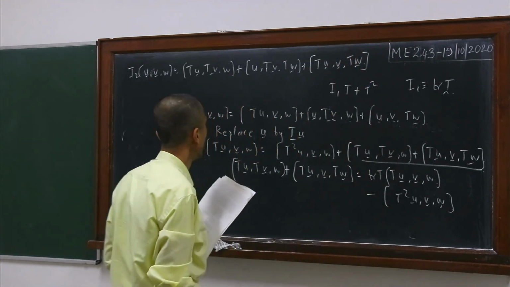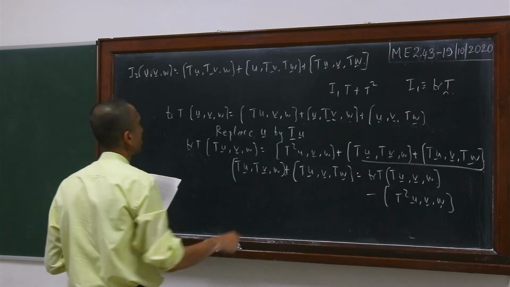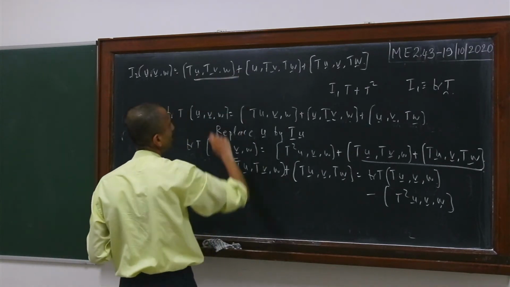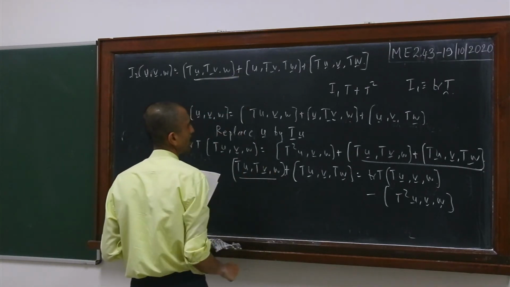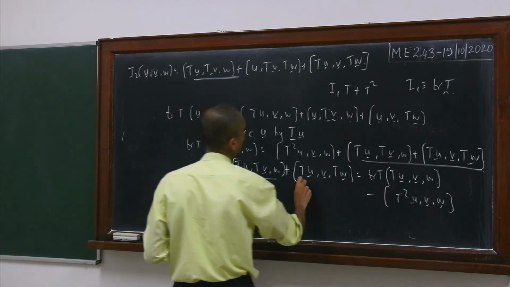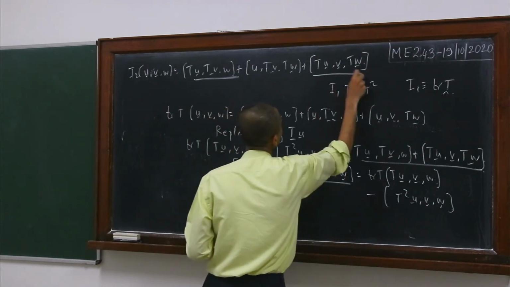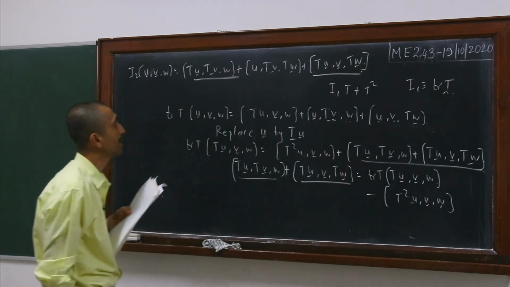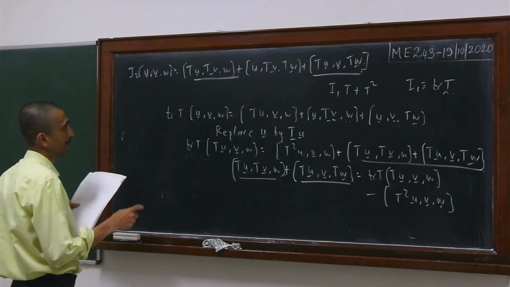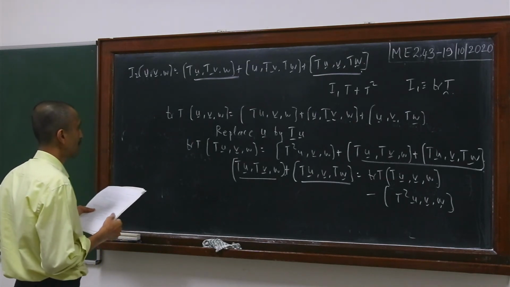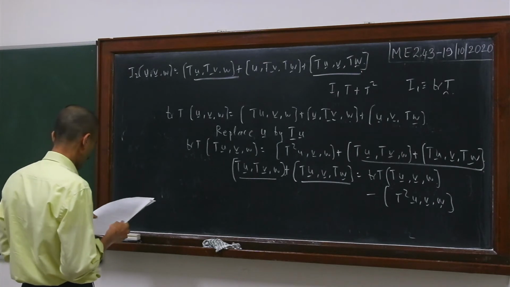Here you can see that this [TU,V,W] is this particular object, and this [TU,V,TW] is this object, so you can replace that sum in this expression by this identity.